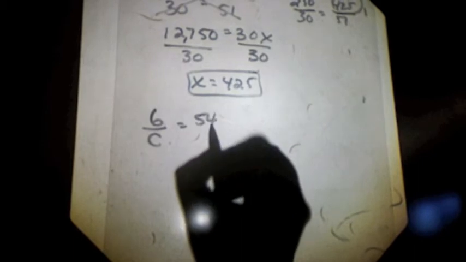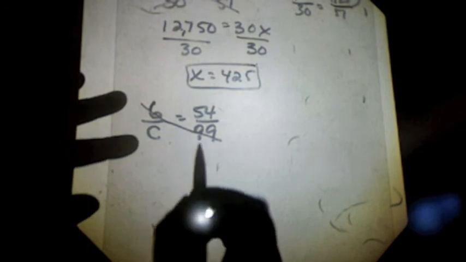6 over c equals 54 over 99. Okay, are these ratios? Yes, and they're equivalent ratios. And because one's missing, we need to solve for that one variable up here.